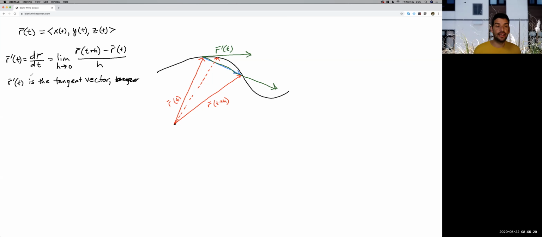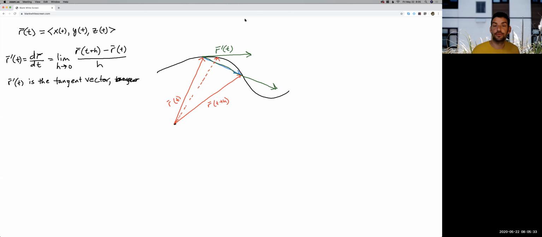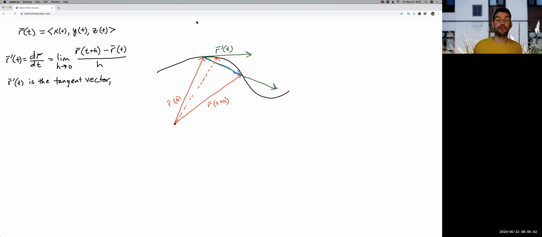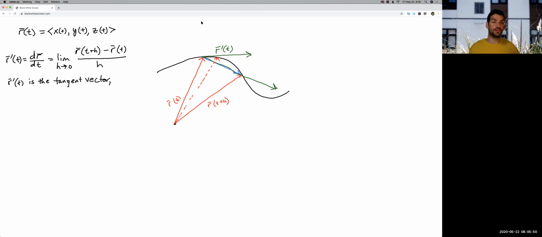So I've written it as, remember from Calc 1, the difference between the derivative as a function and the derivative as a number, right? If you take a function f of x and you take the derivative f prime of x, that's a function that spits out slopes of tangent lines at any point.